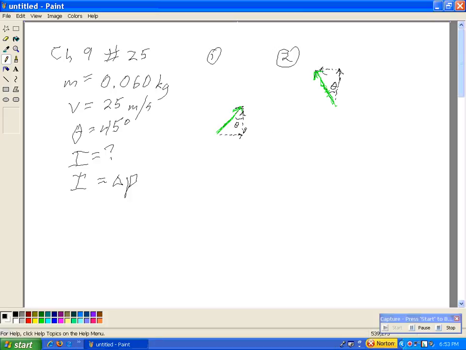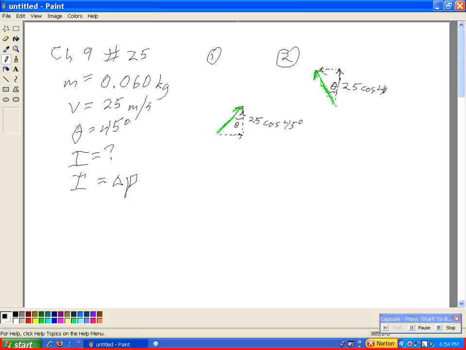If we look at the y here, it is 25 cosine theta, cosine 45 degrees. If we look over here, the y is 25 cosine 45 degrees. It hasn't changed.